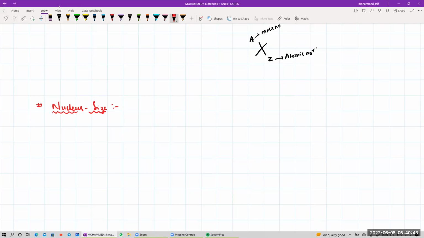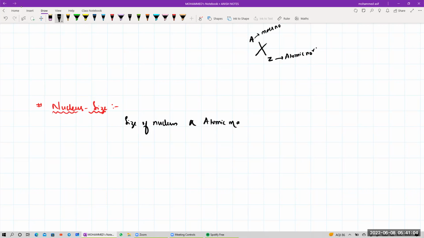Atomic mass. Yes, sir. Size means volume. So I can say here the size of the nucleus is directly proportional to your atomic mass.